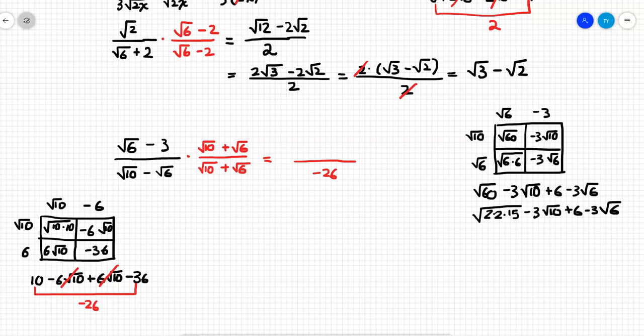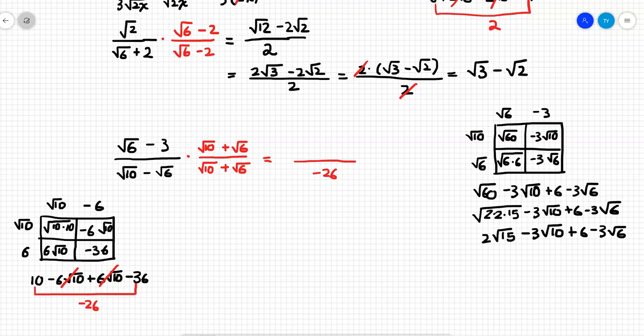So the first term becomes 2 square root of 15, minus 3 square root of 10, plus 6, minus 3 square root of 6. There's nothing else we can do to these radical terms because everything is simplified. So that's going to be on the top.